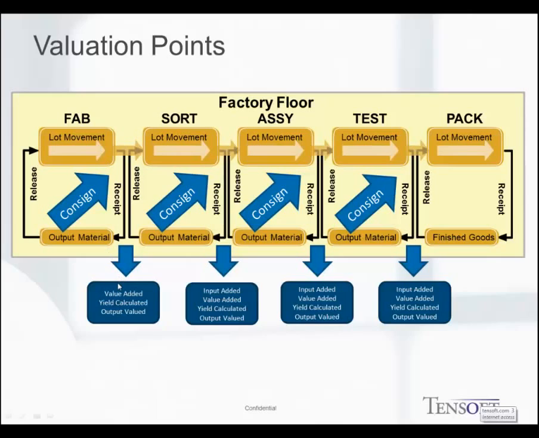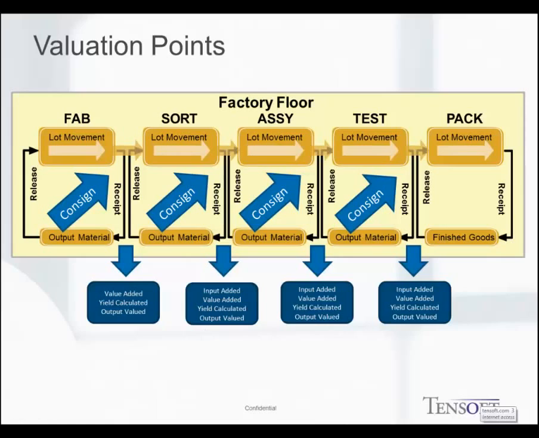At the beginning, we don't really have the material, consigned material in, unless you're buying epi wafers or something else there. So we have this value add, we have the calculated yield, probably 100% for fab, and then we have this output valued. The next step that we do here in the process, we have the input added, and so now we've basically taken those same 3 steps, but we add in the value of the consigned material.